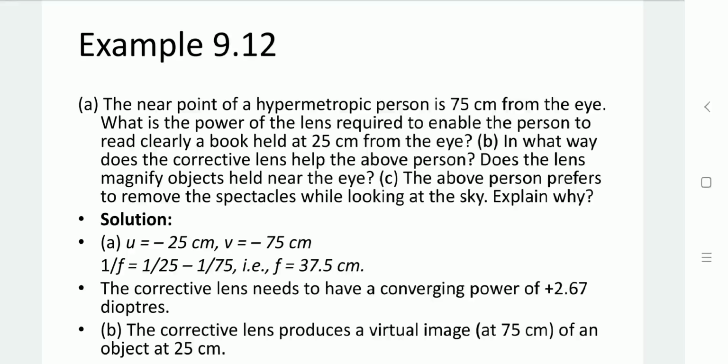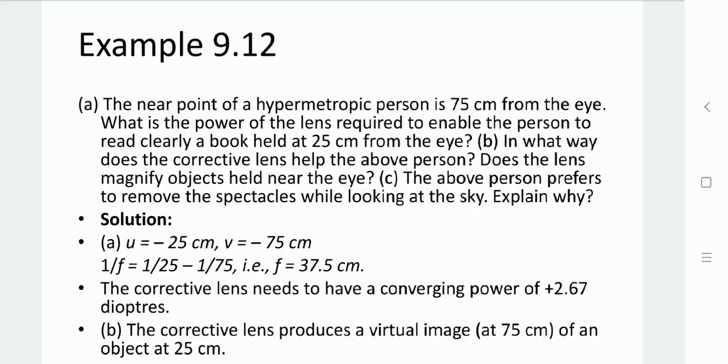So place these values and we get the focal length f equal to 37.5 centimeter. So a corrective lens is required, and power P equals 1 by f. So 1 by 37.5 centimeter gives us 2.67, that is a corrective lens of 2.67 diopter is required.